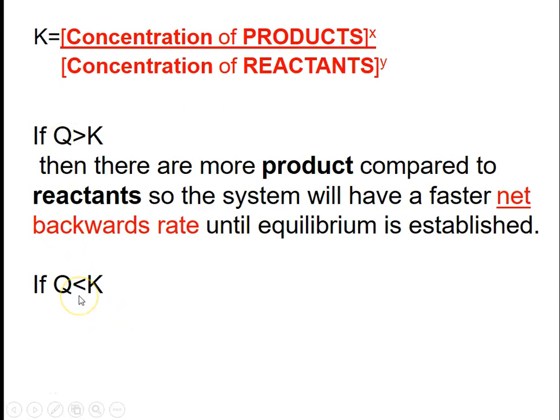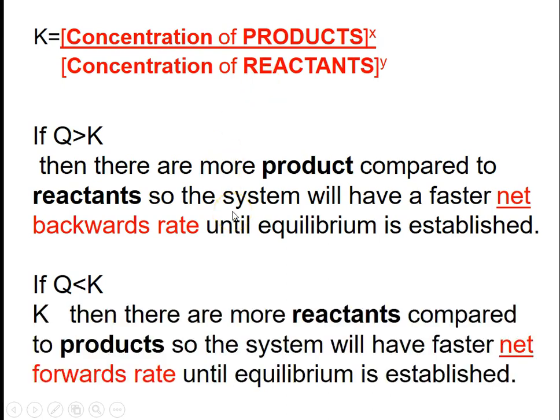So the opposite: if Q is less than K, so if this fraction is less than that fraction, a smaller number, then for a fraction to be smaller, the number on the bottom has to be larger, which means there are too many reactants.